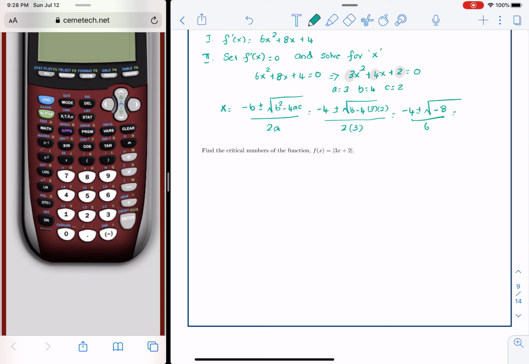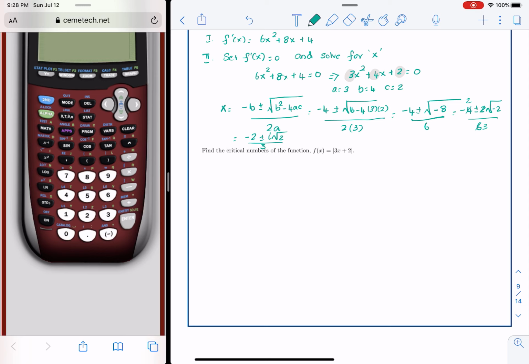If I pull the root out, I have minus 4 plus or minus, I'm going to pull a 4 out of the root. It is going to become 2, and I'll have minus 2 divided by 6. I have a 2 in common, so I'm going to cancel that out. I end up getting that. So this is interesting.